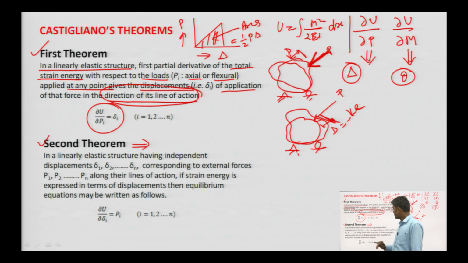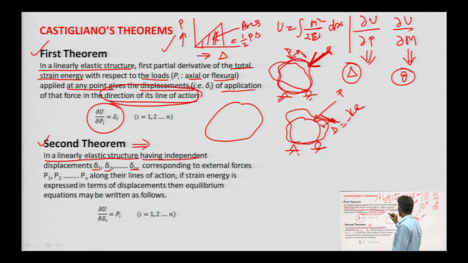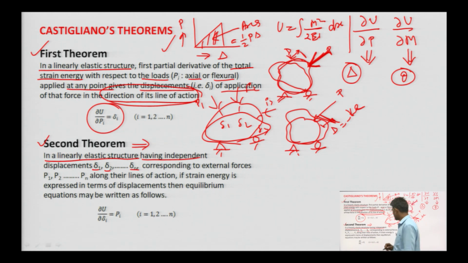And the second one says that in a linearly elastic system having independent displacements delta 1, delta 2 and so on, suppose this is the system and many forces P1, P2, P3 are acting, and delta 1, delta 2, delta 3 are the displacements corresponding to the external forces P1, P2, P3 along their lines of action.